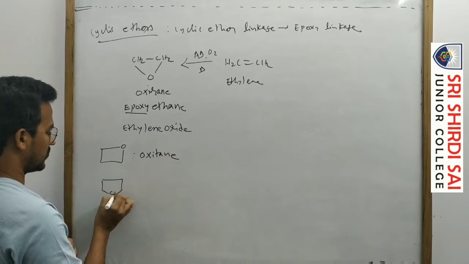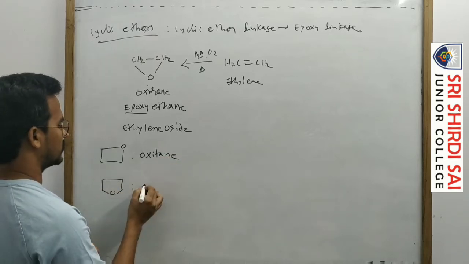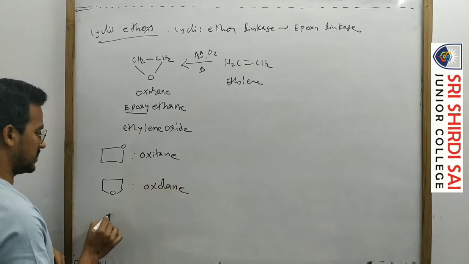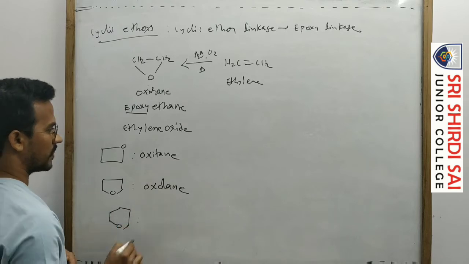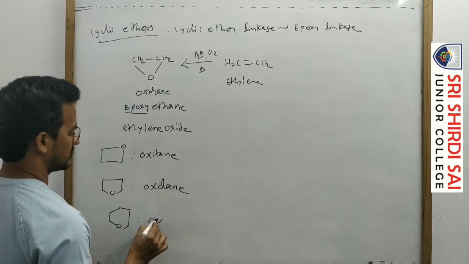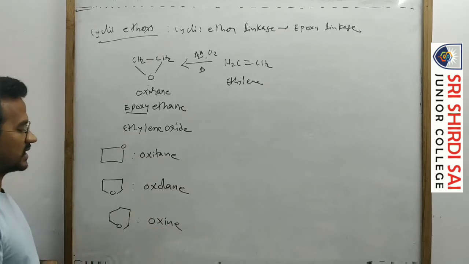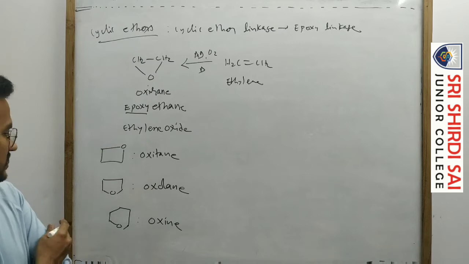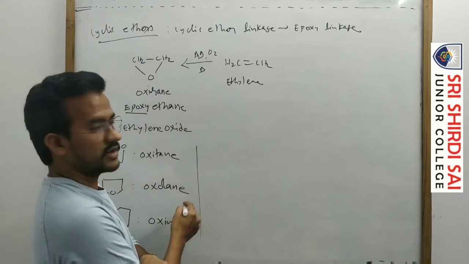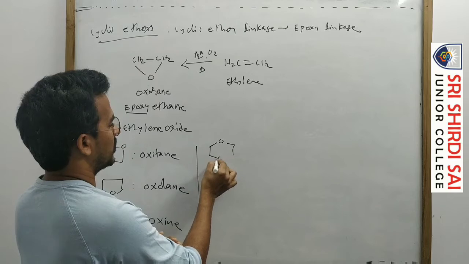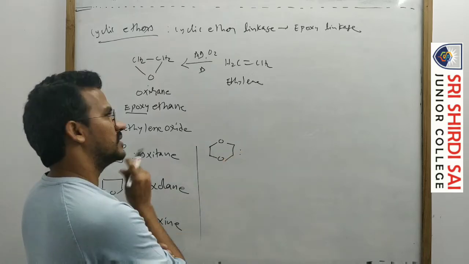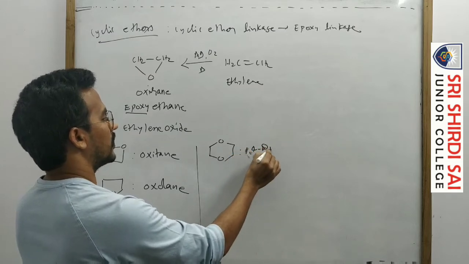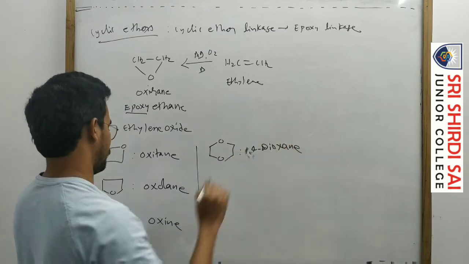The 5-membered cyclic ether is oxolane. The 6-membered cyclic ether is called oxane. And the diether, which I think we recently discussed, is dioxane, 1,4-dioxane.